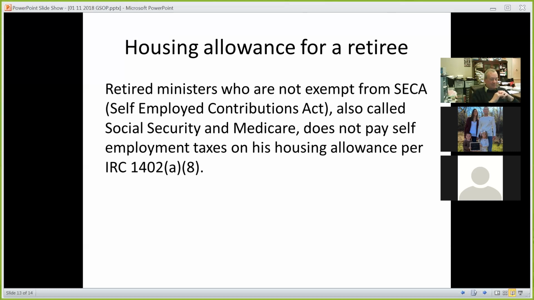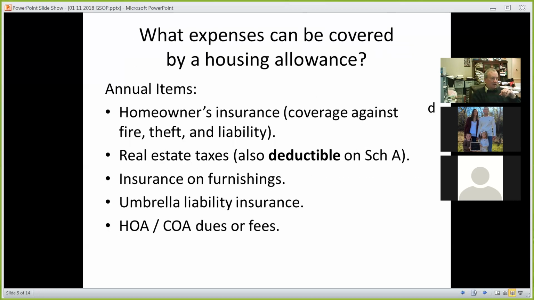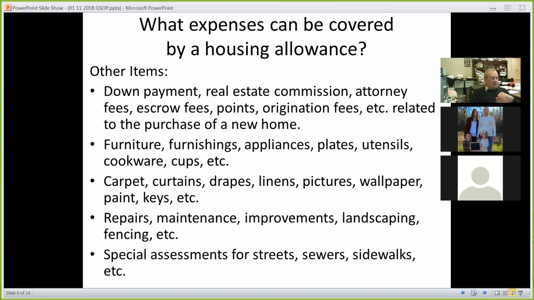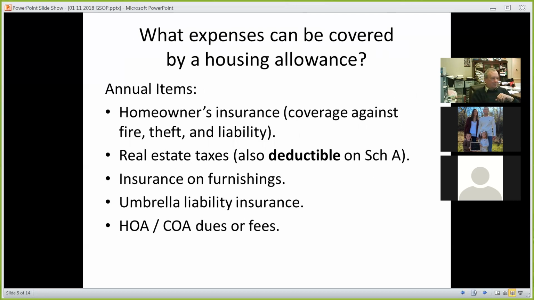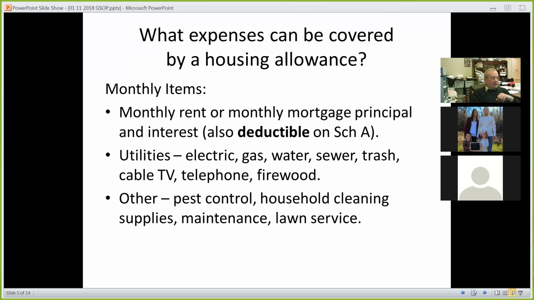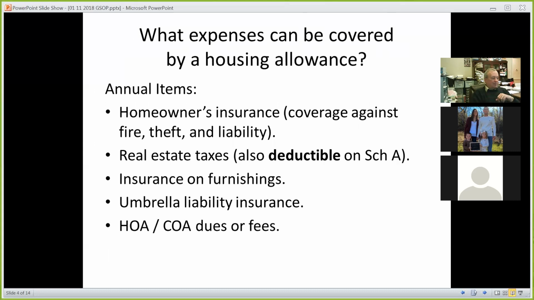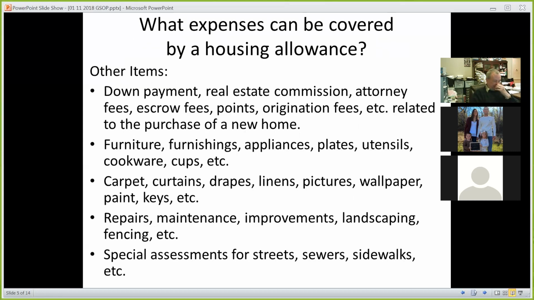What about your moving fees? Is that part of housing allowance, or is that different? Now that's a good question. We talked about the down payment and any real estate commissions and attorney fees and points on buying a new house, but we didn't talk about anything about the cost to move into that house.